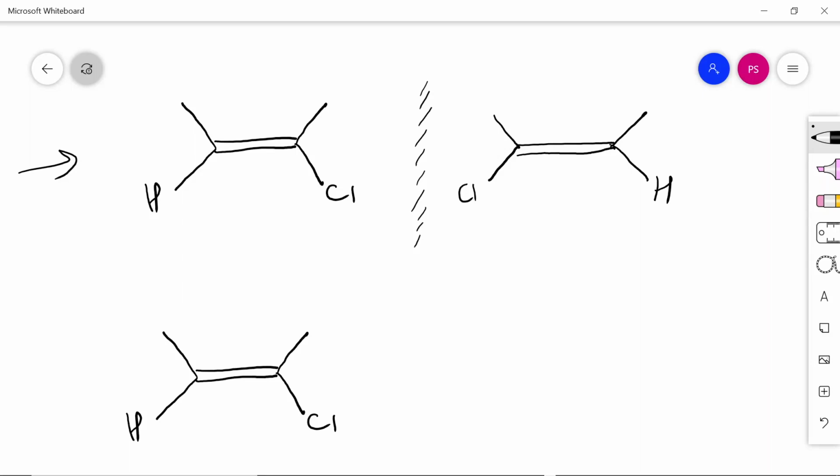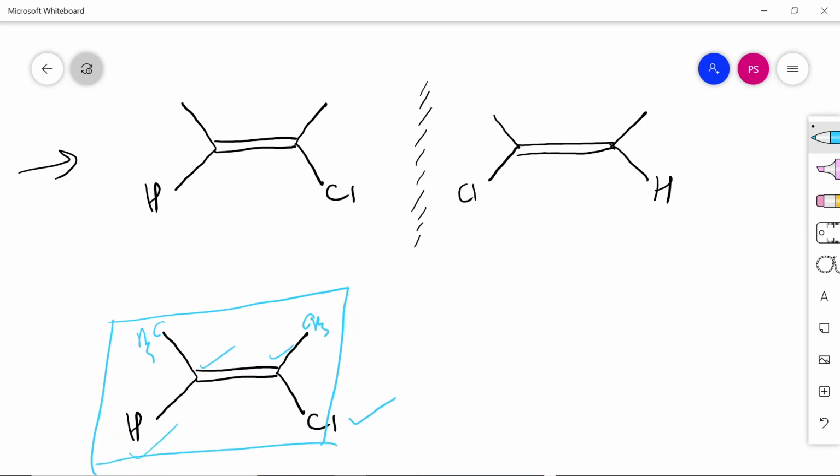You can see here you can pass the mirror plane of symmetry through all the atoms, through the CH3 group, CH3 group, chlorine, hydrogen, and these two carbon atoms. You can cut the molecule because this molecule is a flat or planar molecule, so it has mirror plane symmetry. And you can pass the mirror plane, that's why it must be optically inactive and its mirror image must be superimposable on it.